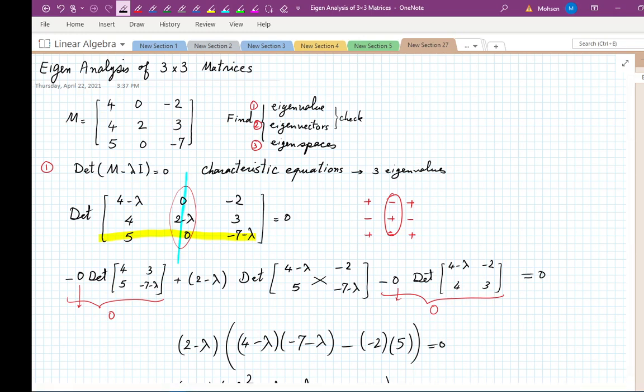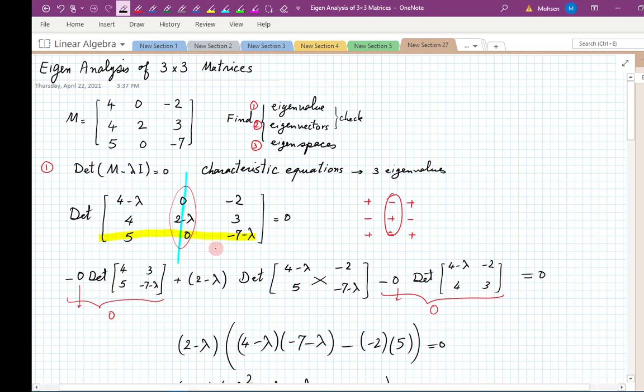But anyway, we have three goals: finding eigenvalues, eigenvectors, and eigenspaces. To find eigenvalues, step one: determinant of M minus lambda equal to 0. Subtract lambda from the diagonal, find the determinant of this, set it equal to 0. Heads up, this is going to be a cubic equation, not the easiest thing in the world to solve.